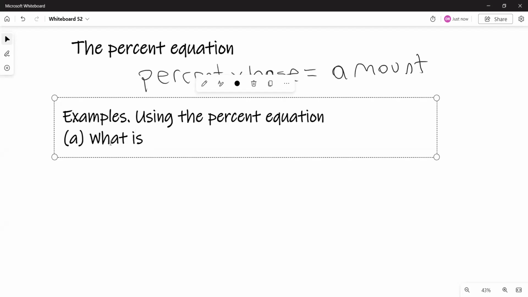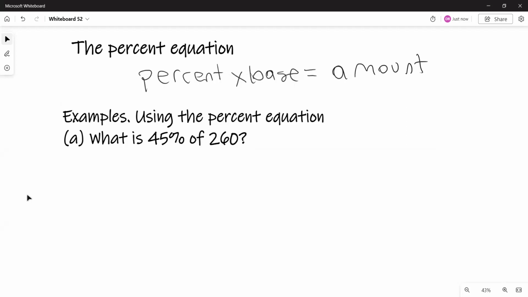What is 45% of 260? We know the base and we know the percent. The base is 260, and 45% is clearly the percent.